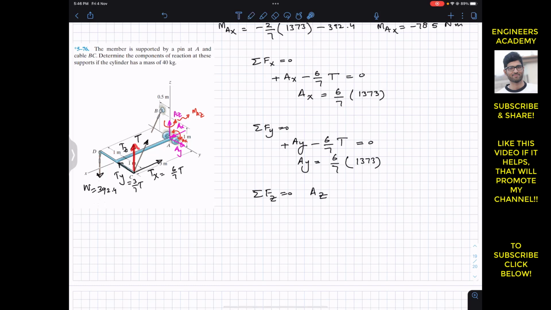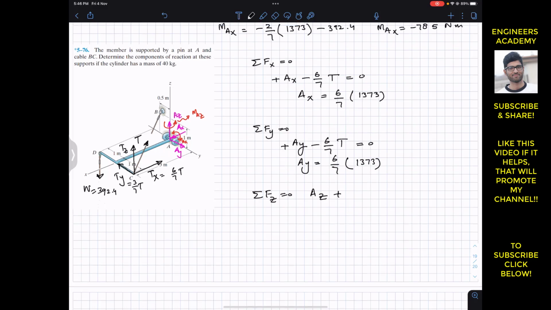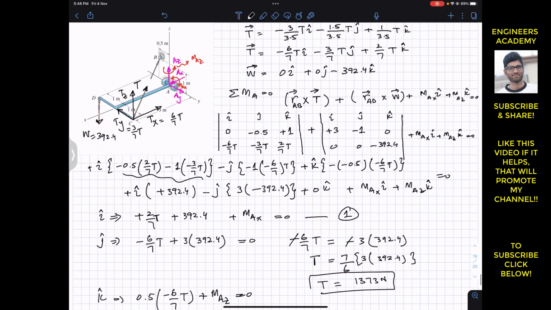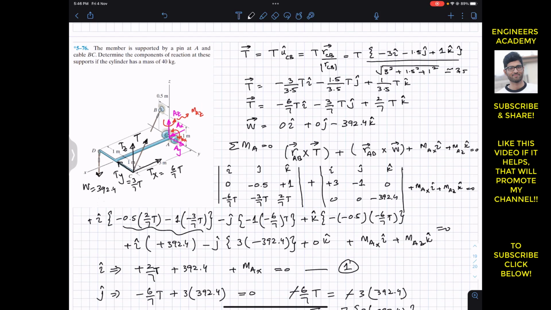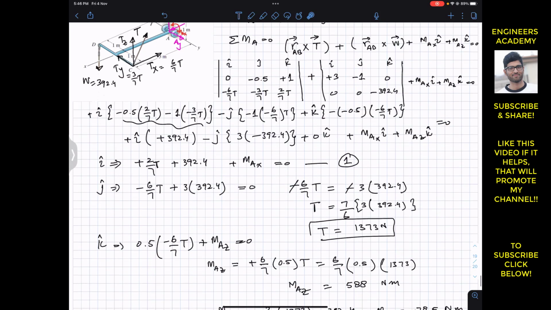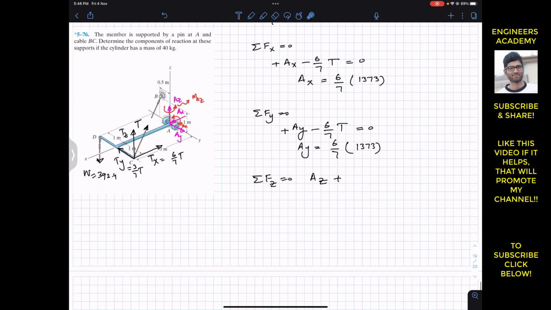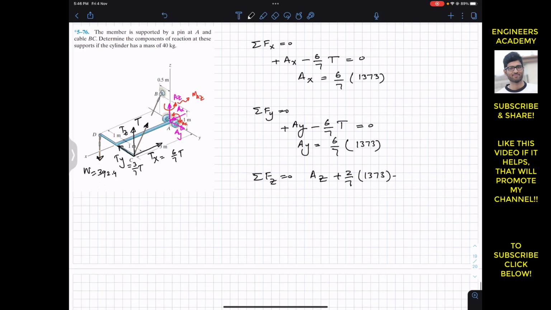Tz is acting in the positive z, so we will write plus tz, and tz is 2 divided by 7t, so plus 2 divided by 7, t is 1373, and then we have the weight in the negative z, so we will write minus the weight, which is 392.4. This is equal to 0. So az is equal to minus 2 divided by 7 times 1373, plus 392.4.